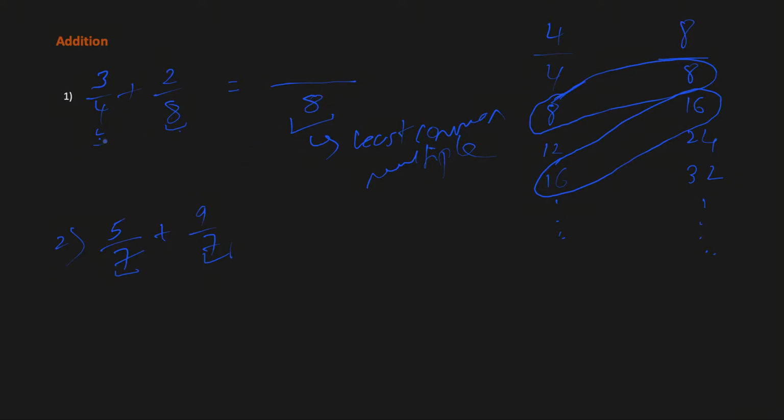Step 2 is to compare this denominator and then this denominator. Since they are different, 4 and 8, we will find out what times 4 equals 8. We know that 4 times 2 equals 8. So we will multiply this 2 with this numerator, which is 3 times 2.